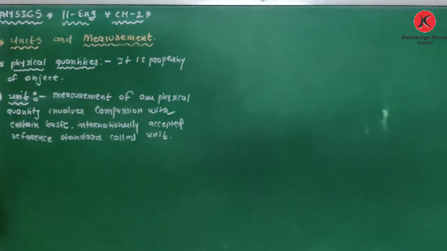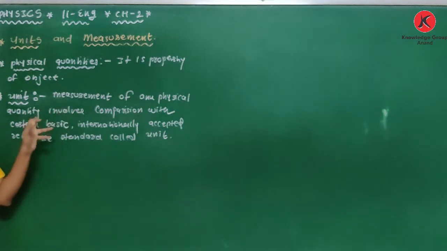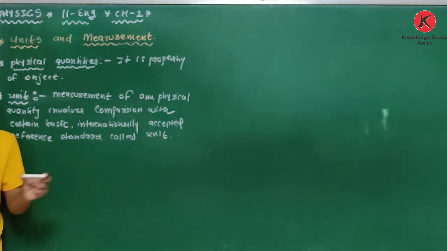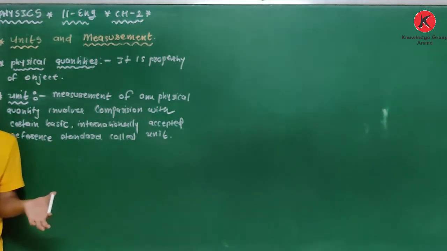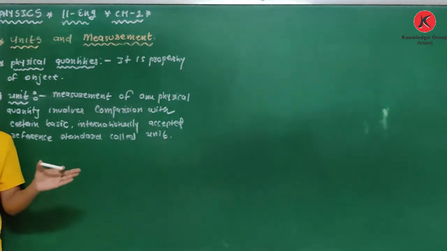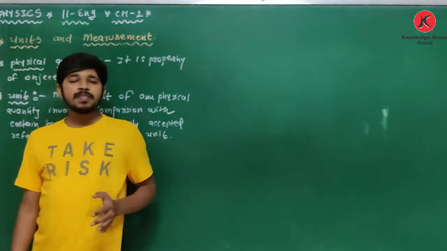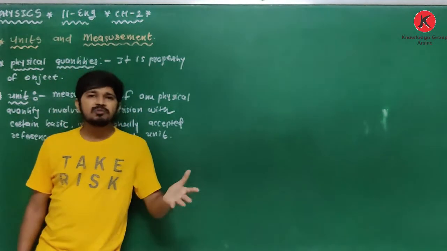Now we will understand each and everything. See, measurement of any physical quantity involves comparison. How to measure length? You have to compare that length with a scale, yes or no? Or if I want to find mass, how to measure mass?